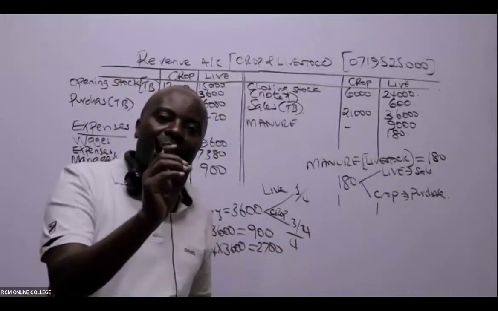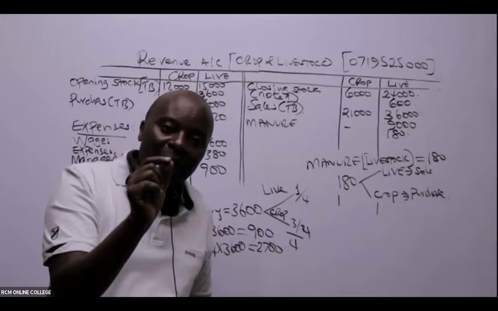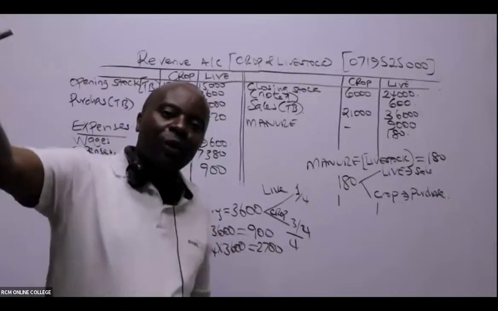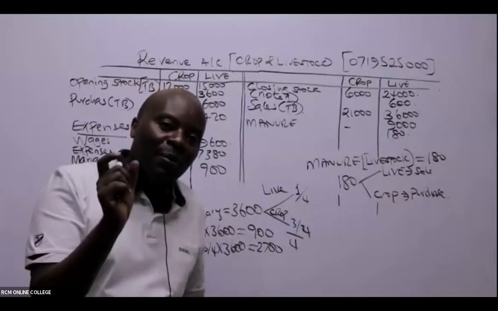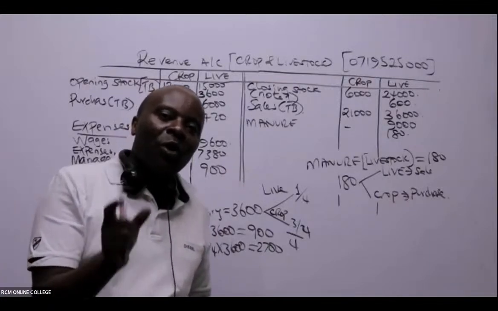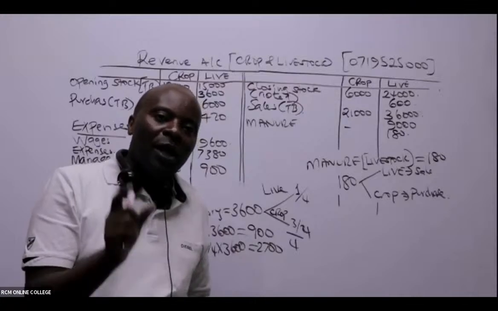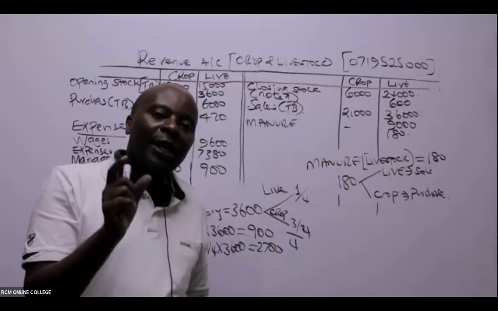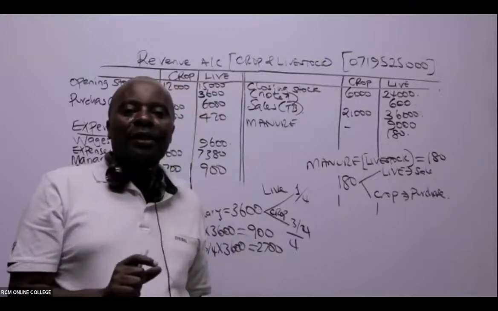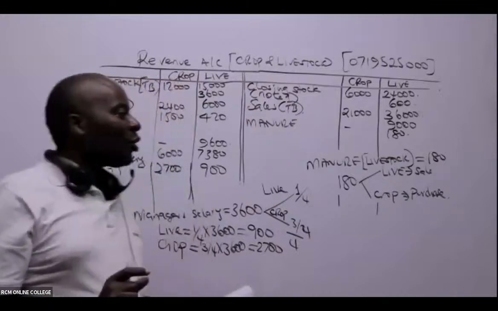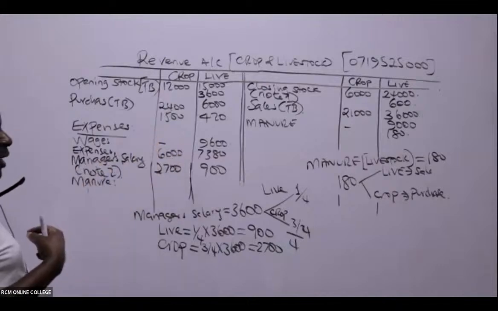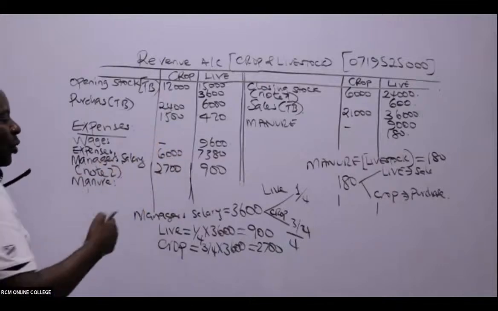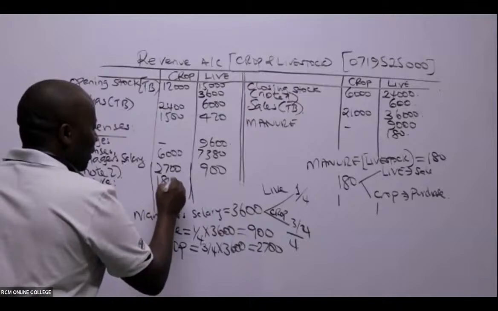So for livestock it's an output, and that automatically will be booked as a sale for the livestock. And for the crop, it's consuming. To the crop, it's an input. So under the crop, we shall be able to put here 180.